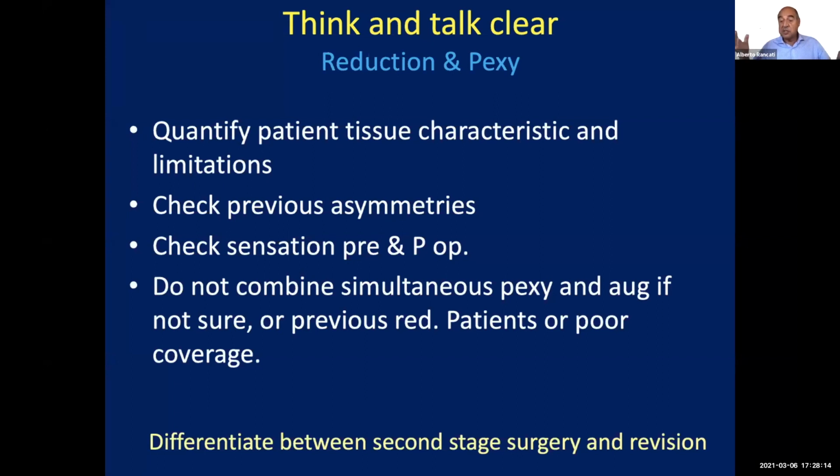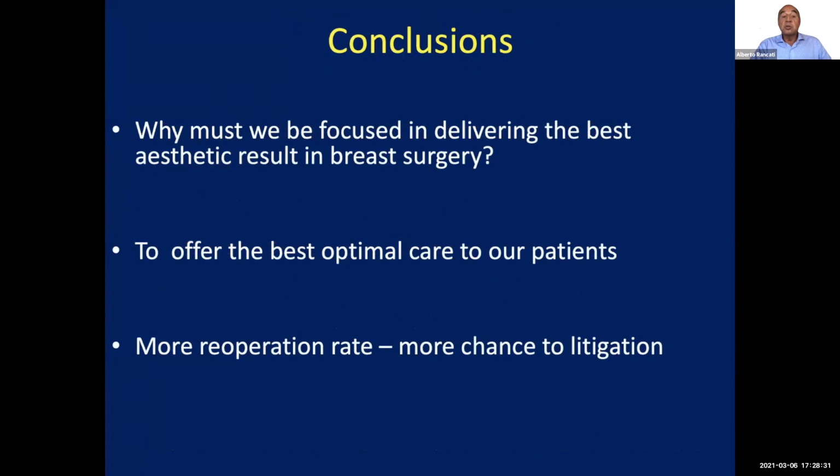So have the possibility of staging procedures if you are not sure of the result. And differentiate between a second stage and a revision. It's always better to talk about the possibility of a second stage and not to go to the operating room for a revision.